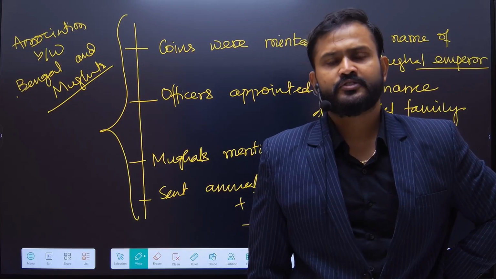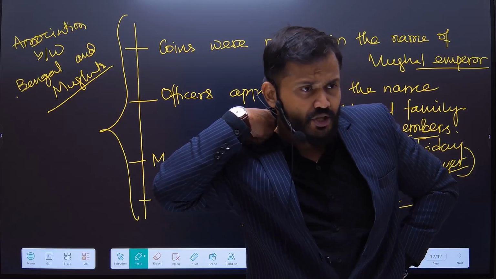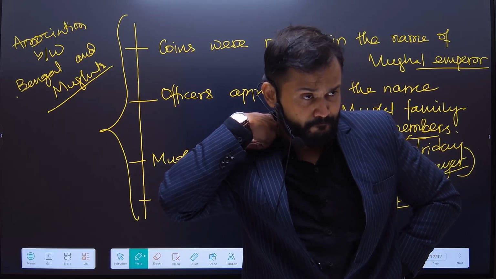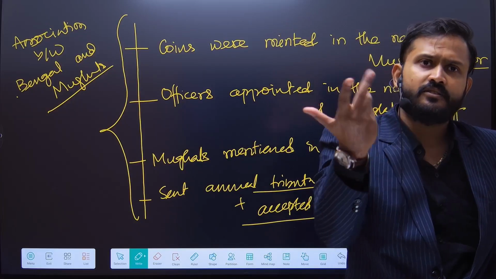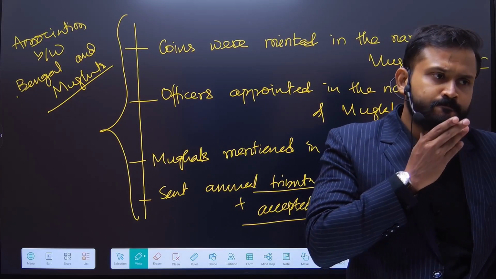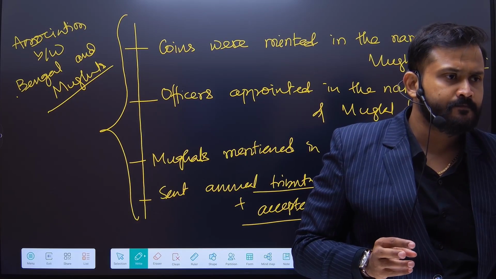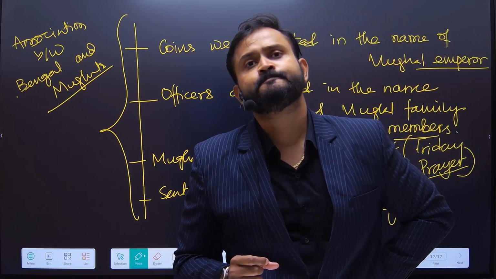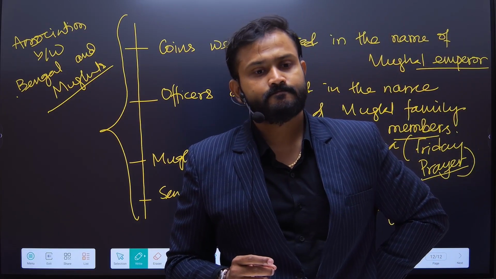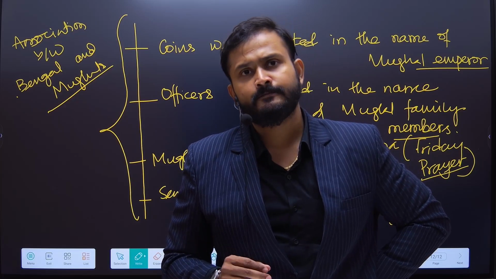I will jump forward certain points. Acha, just write down one point. Murshid Quli Khan transferred, that means shifted the capital. Murshid Quli Khan shifted the capital from Dhaka to Murshidabad.